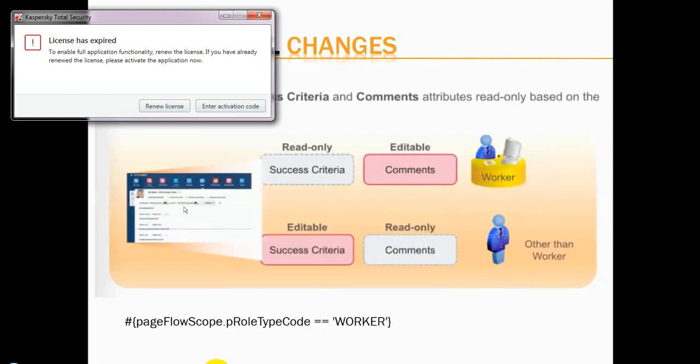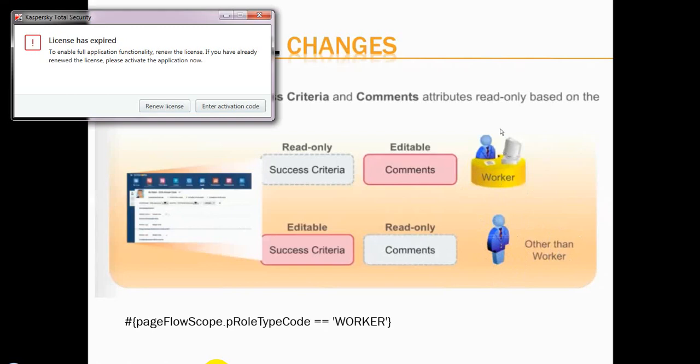Typically, if you go to the goal page, think of any page, that page has two fields. In this page, I'm taking the performance management appraisals page, where we have success criteria and comments. Now, these appraisals will be done by the employee, the worker, or a manager, or a manager of a manager, whatever hierarchy they are following.